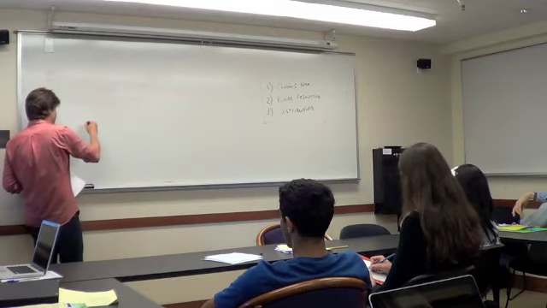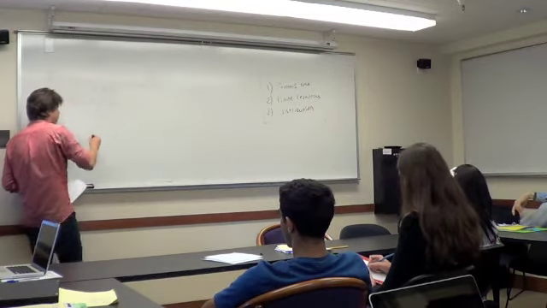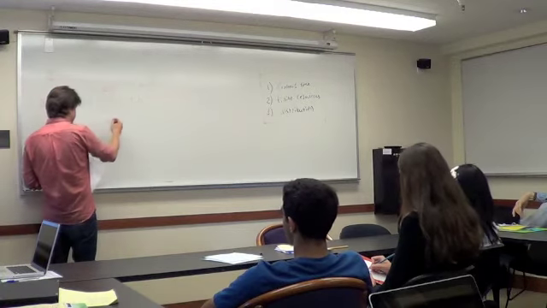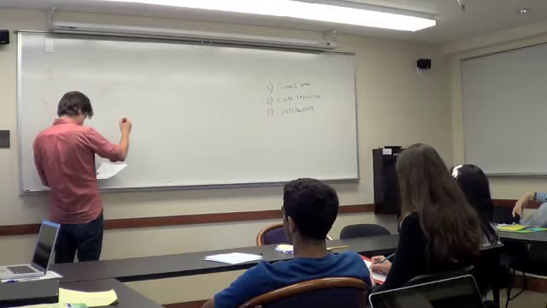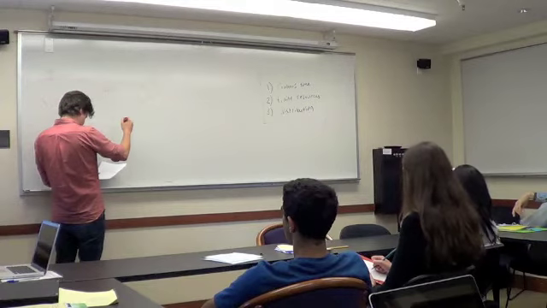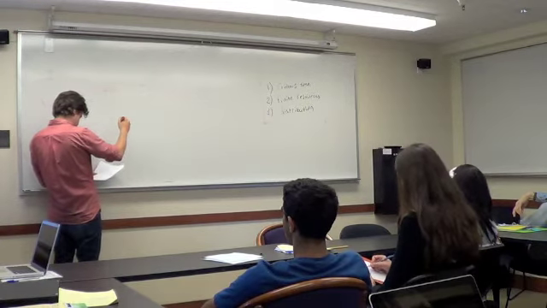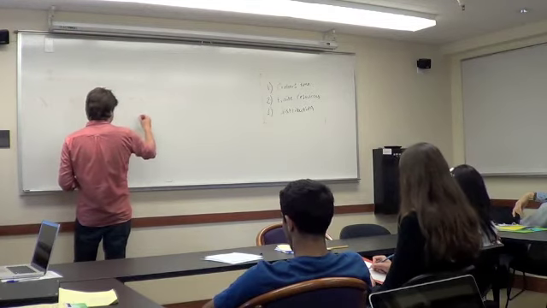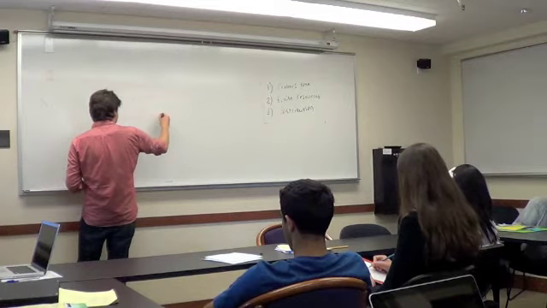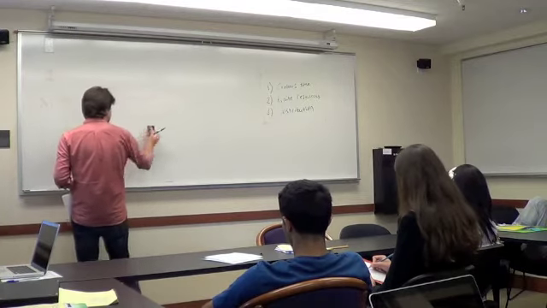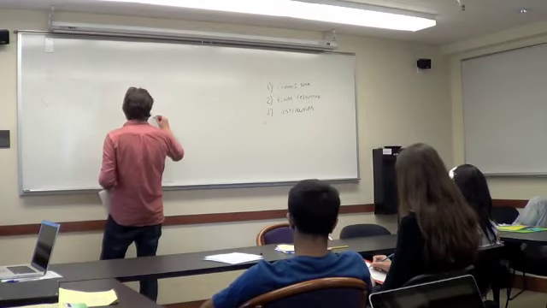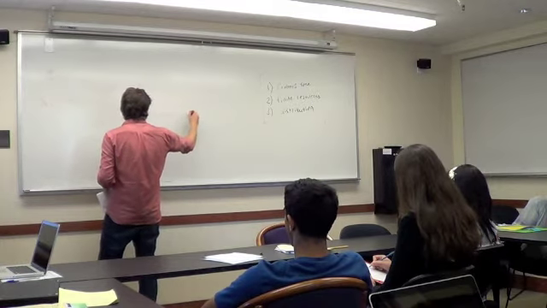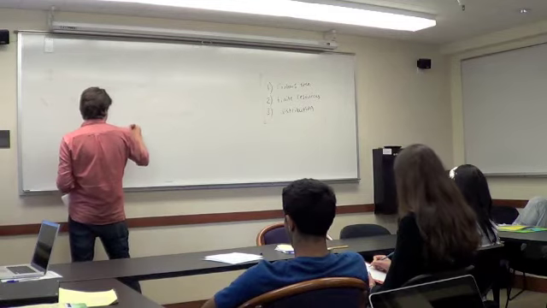So b_i of delta t is just a number I'm defining, and it's going to be 1 if cell i divides in the time delta t, and 0 otherwise.